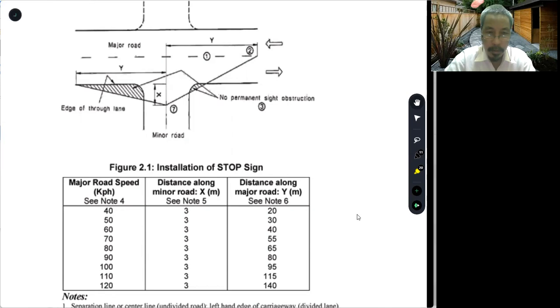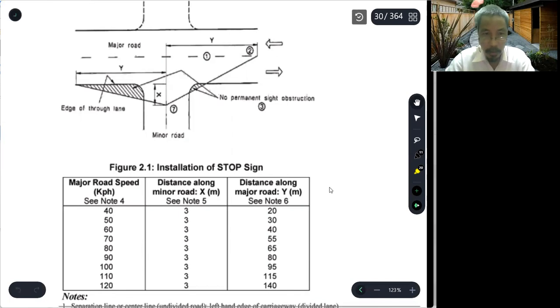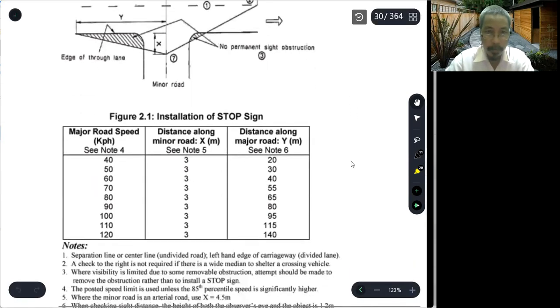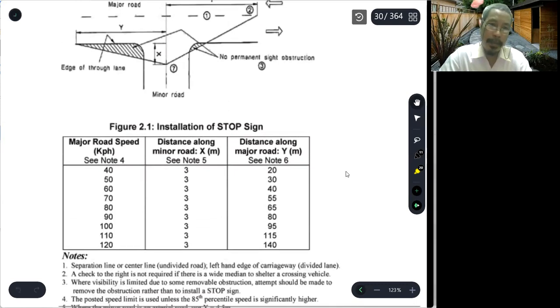It is measured from the intersection of the two lines, with the area of no permanent sight obstruction. And also we have distance Y. So distance X and distance Y would determine the proper installation of the road sign or stop sign.